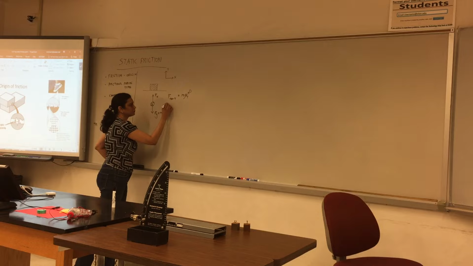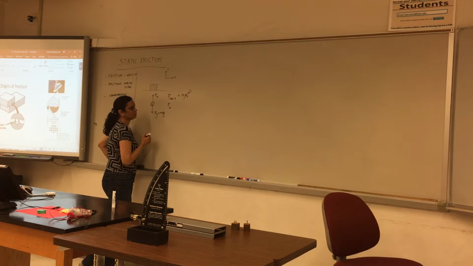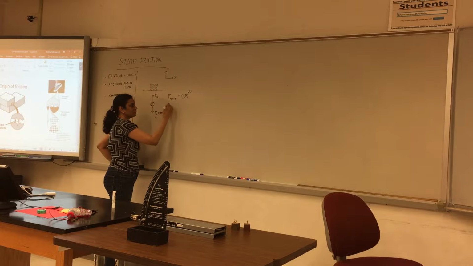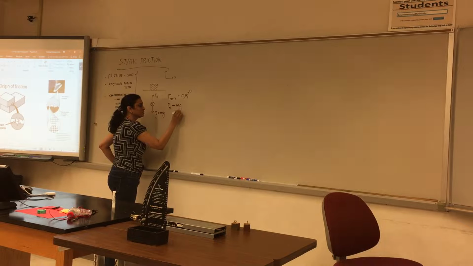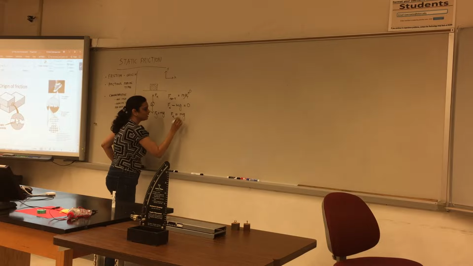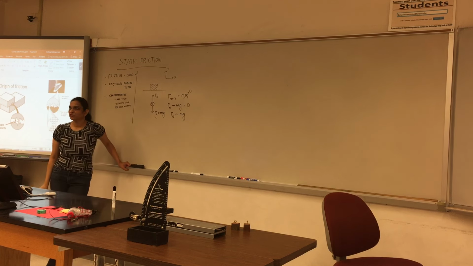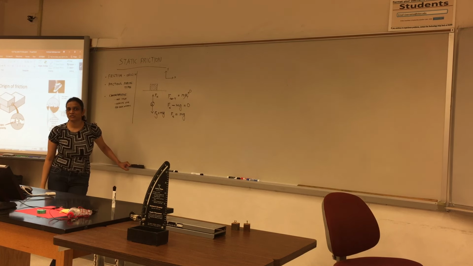Putting all these forces together, I have the normal force up. See how I've chosen my coordinate axis, positive y up, minus mg, negative sign because it's acting down. So Fn equals mg. You can see that the normal force balances the gravitational force, and the box is at rest there on the table. It's in static equilibrium. Nothing new there.